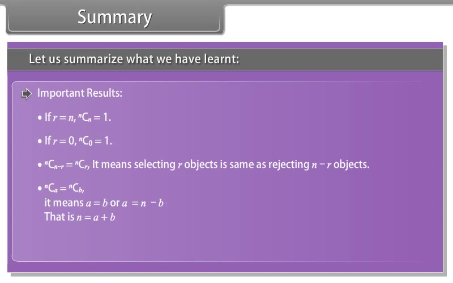If nCa is equal to nCb, it means a is equal to b, or a is equal to n minus b. That is, n is equal to a plus b. nCr plus nC(r minus 1) is equal to (n plus 1)Cr.